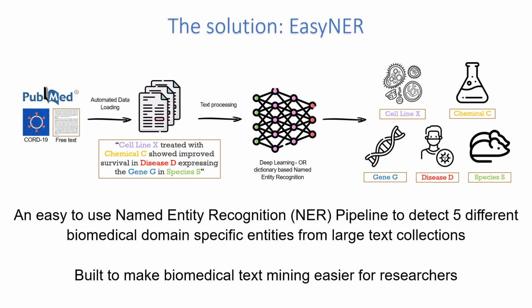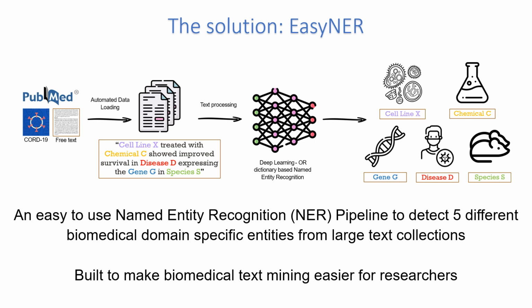So what we did is we developed a natural language processing based pipeline where you input your research papers and in the end you get your domain specific entities out of it.